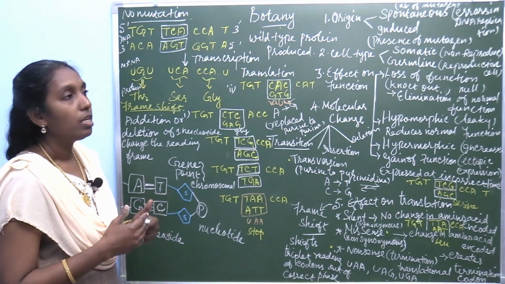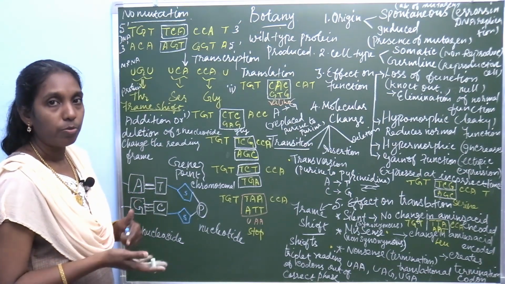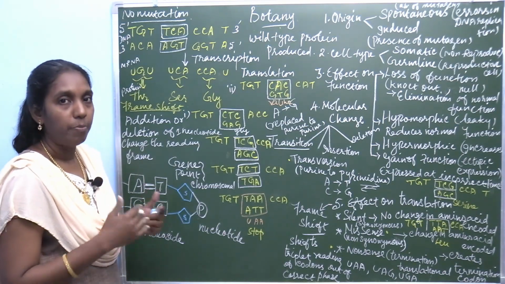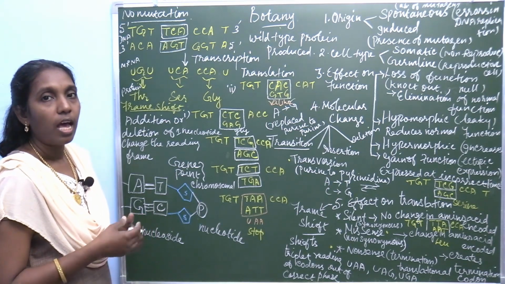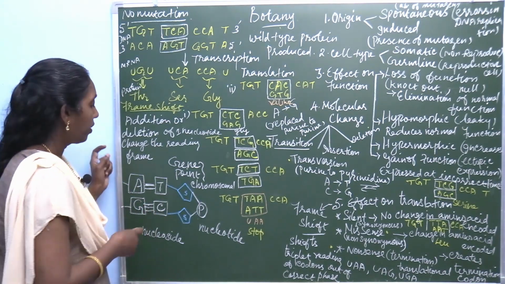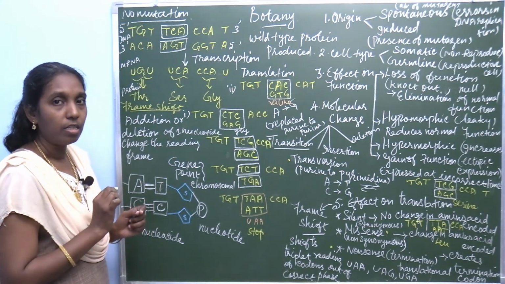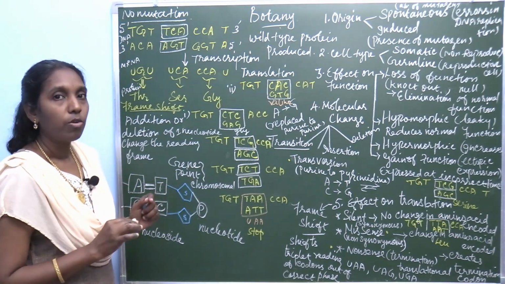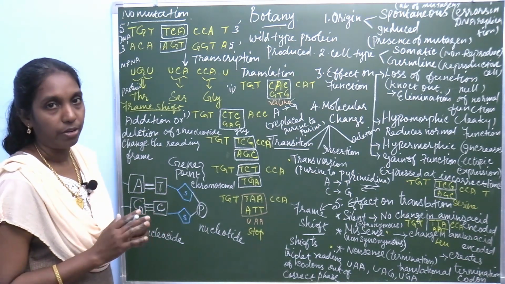For example, there are mutagenic agents. Due to mutagenic agents, the hydrogen bond breaks and it affects the replication process as well as transcription. Point mutation is otherwise called gene mutation.